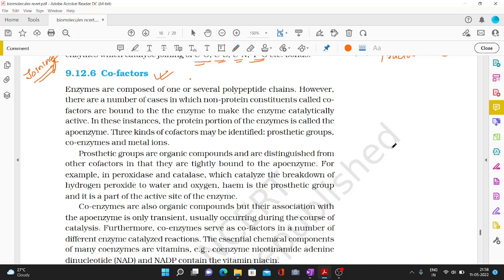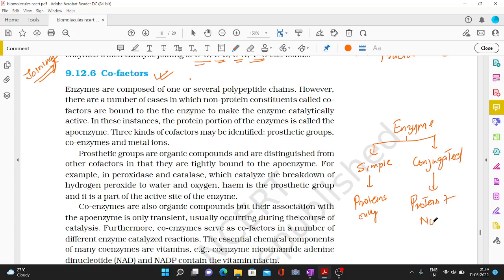Enzymes can be of two types: simple enzyme and conjugated enzyme. Simple enzymes comprise only of proteins. So if an enzyme only has proteins, it is known as a simple enzyme. Conjugated enzymes have a protein component and also a non-protein component.